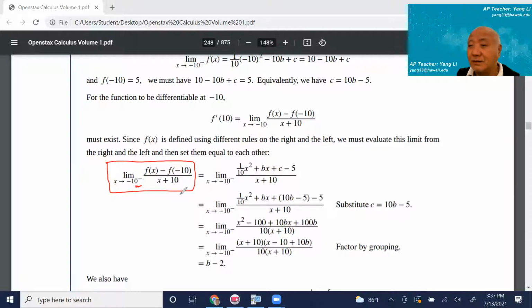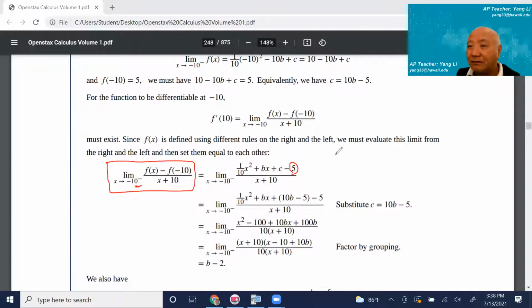And this one we simplify, okay? So f(x) will be this one, minus f(-10). f(-10) we knew is 5. Like this. You plug it in, you can calculate it, right?